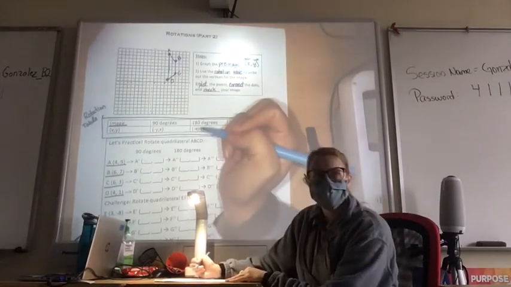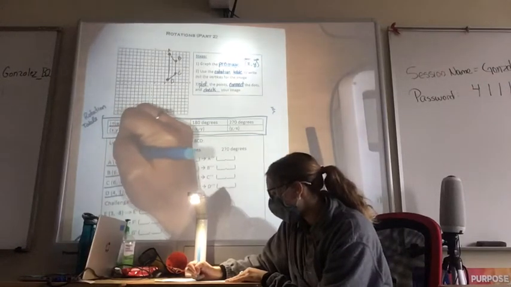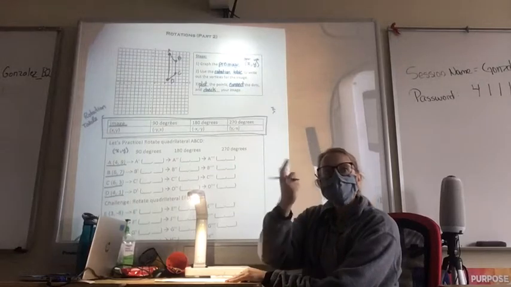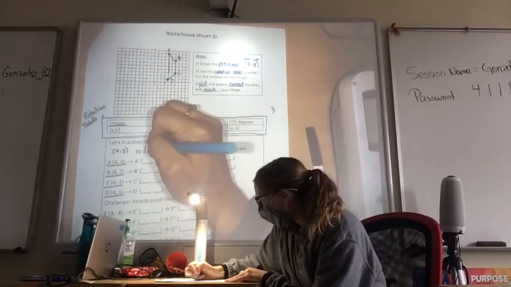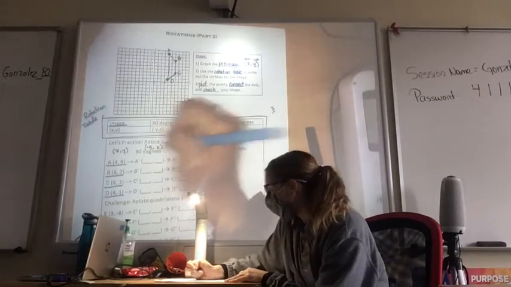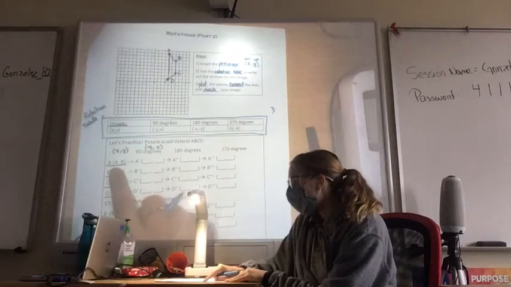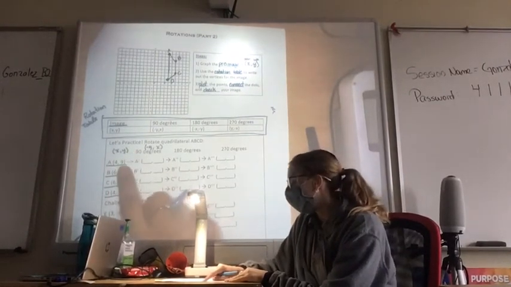So if we're rotating 90 degrees, we're going to take our image, which was x, y, and we are going to flip our signs to be negative y, comma, x. So for example with A, my x value is 4. My y value is 9.